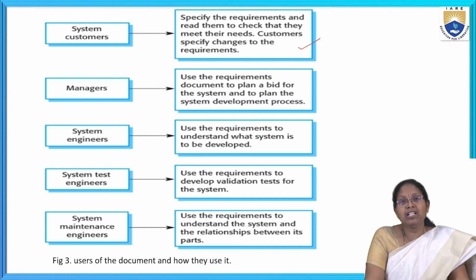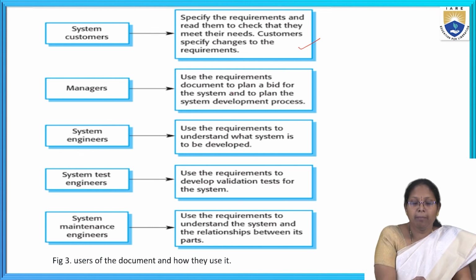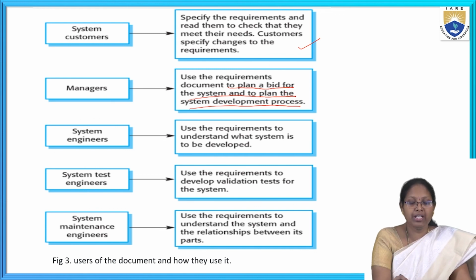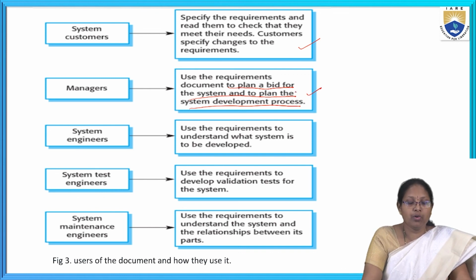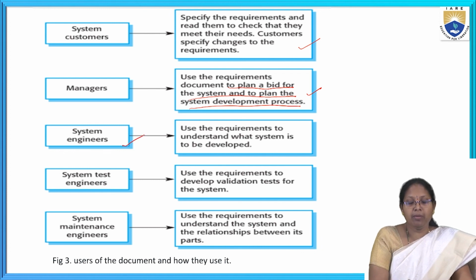Managers also use the software requirement document. The requirements document is used to plan a bid for the system and to plan the system development process. System engineers also use the document to understand what system is to be developed.